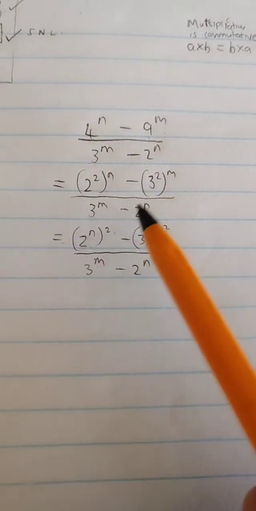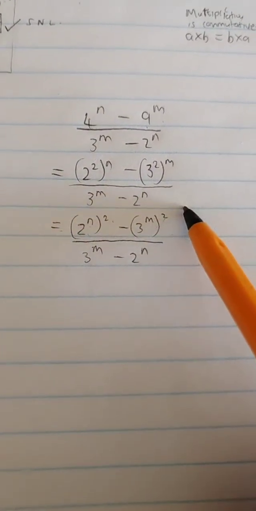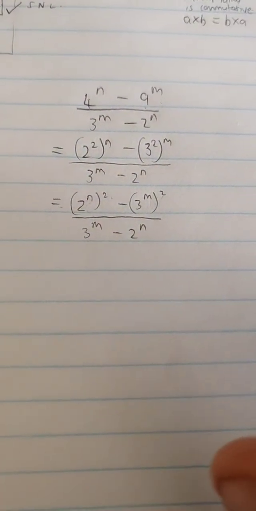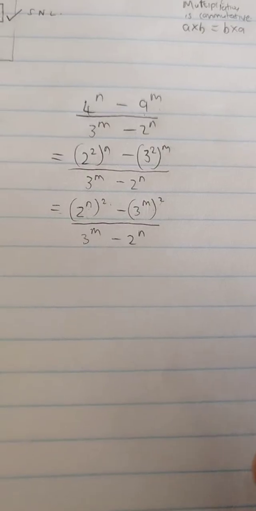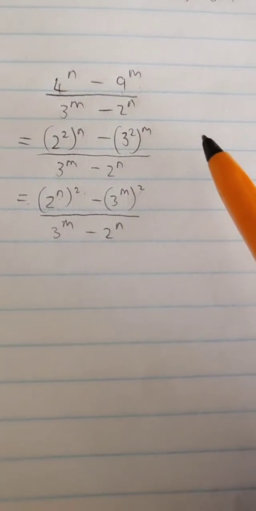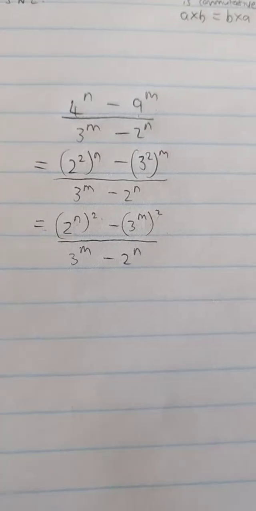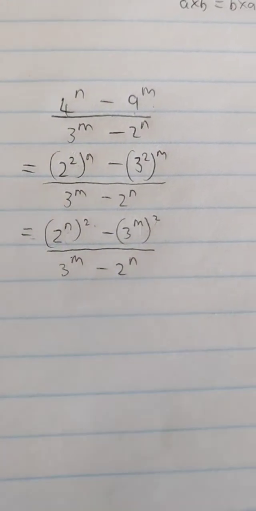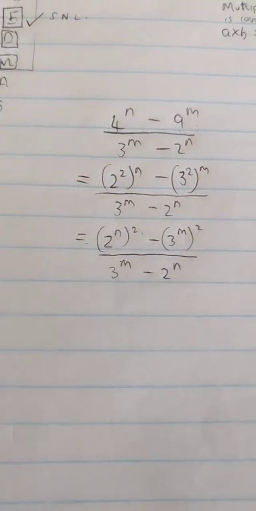So in the numerator, there are two terms that we know for sure. Secondly, you need to ask yourself, should I apply the sign change rule? Is it necessary to apply the sign change rule?